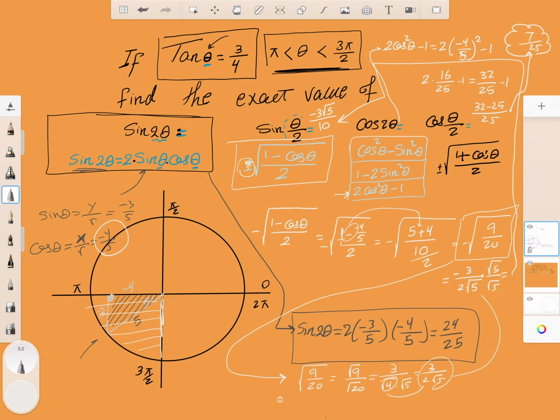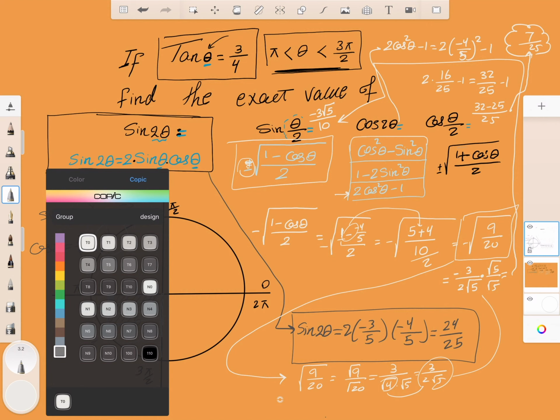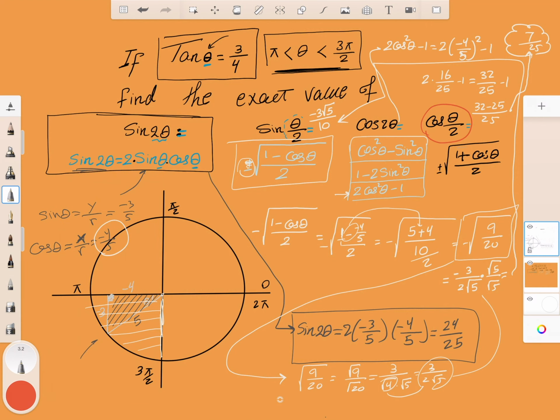And the last one is cosine of theta over 2. That's the formula. People pick negative because it's in quadrant 3. I'm going to write it here. So we have radical 1 plus cosine of theta, which is negative 4 over 5, divided by 2.